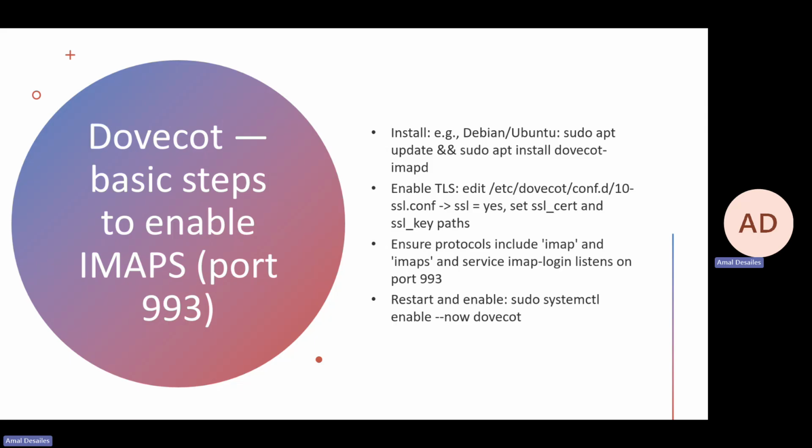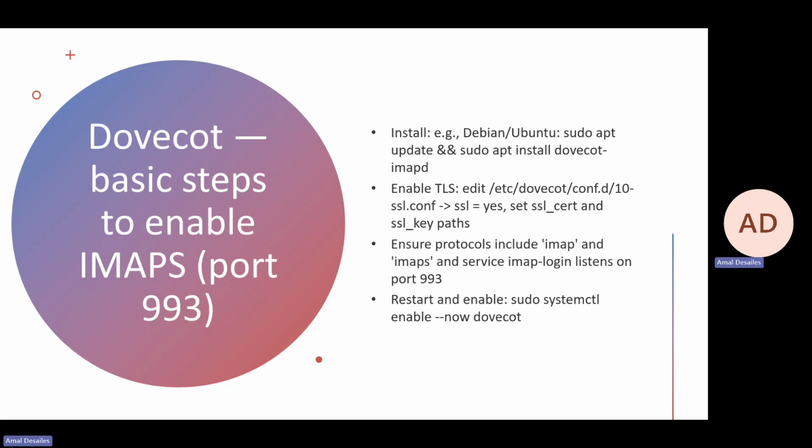All right, so next the Dovecot configuration steps. Here is a quick setup on how to install and configure Dovecot. Install Dovecot; on Ubuntu that is sudo apt install dovecot-imapd.